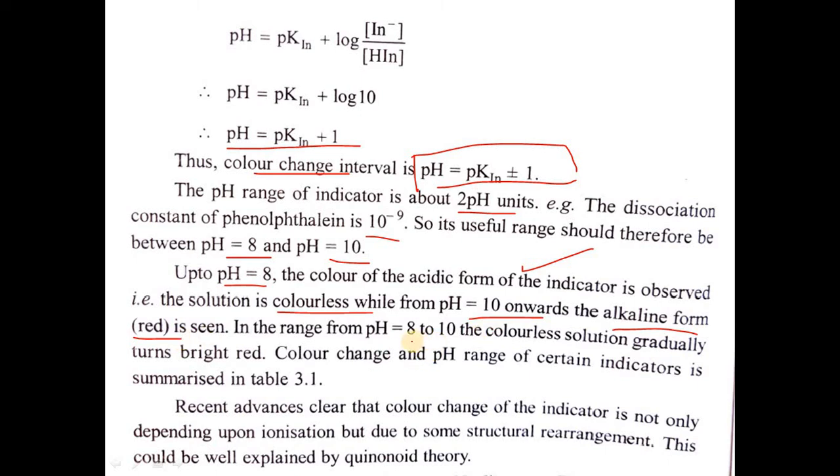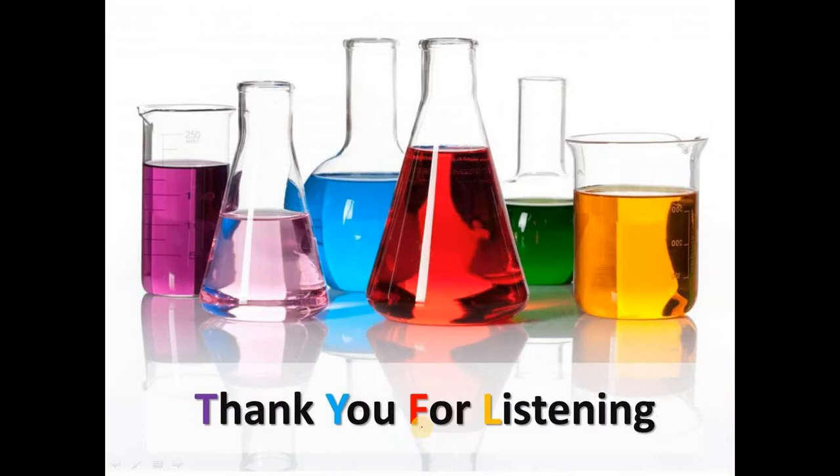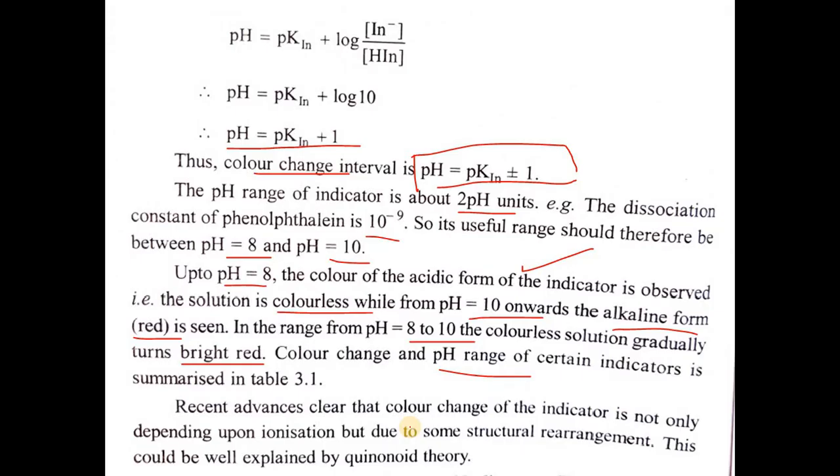So in the range from pH 8 to 10, the color of the solution gradually turns bright red. So the color change and pH range of certain indicators is summarized in a table on the next slide. So this is about the color change intervals regarding the phenolphthalein indicator. So thank you all of you for listening to this video.